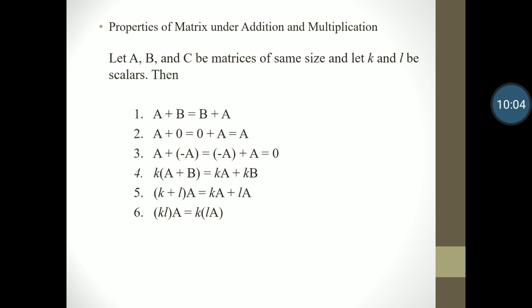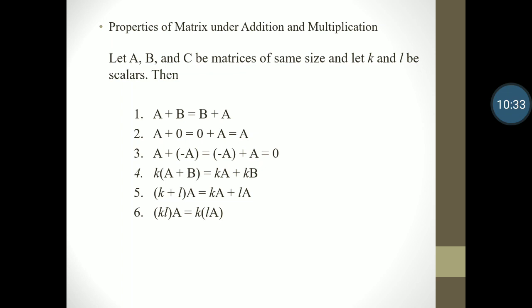Now, properties of matrices under addition and multiplication. Let A, B and C be matrices of the same size, meaning the same number of rows and columns for all three matrices, and let k and l be scalars, meaning some real numbers or constants. Then we get the following properties.